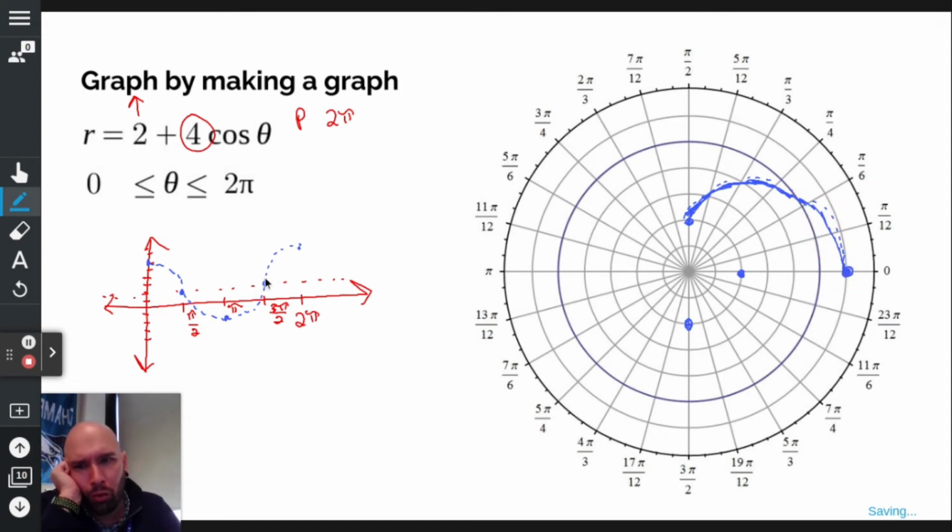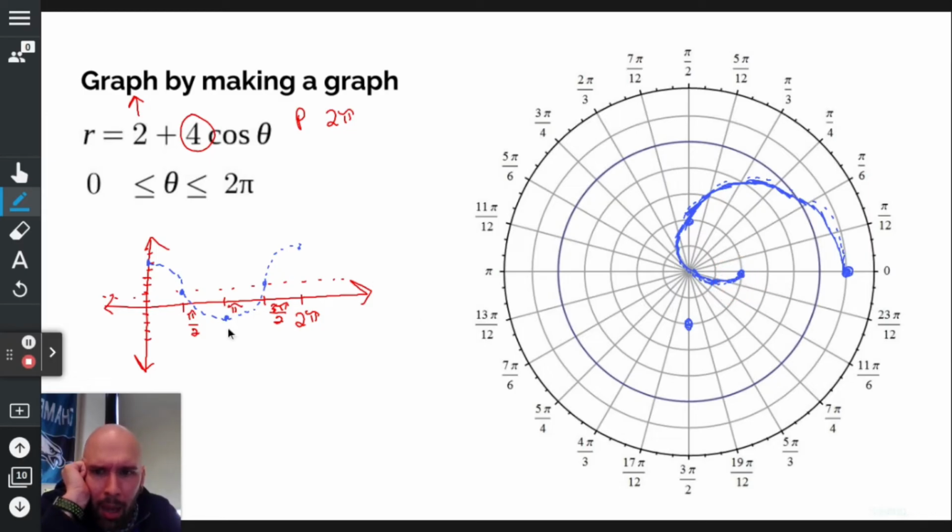Okay, now this is where it gets weird. At some point after pi over 2, I hit 0. So this is going to happen. Then I hit negative land, and then I finally hit that guy right there. So this pattern continues, and I create this weird curl going in.